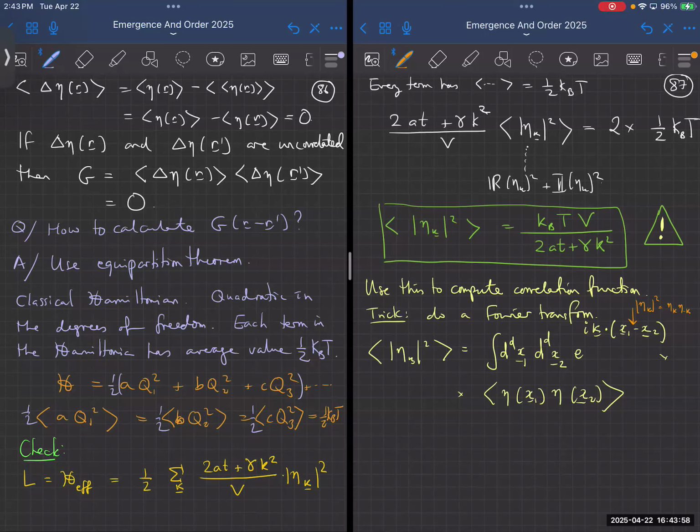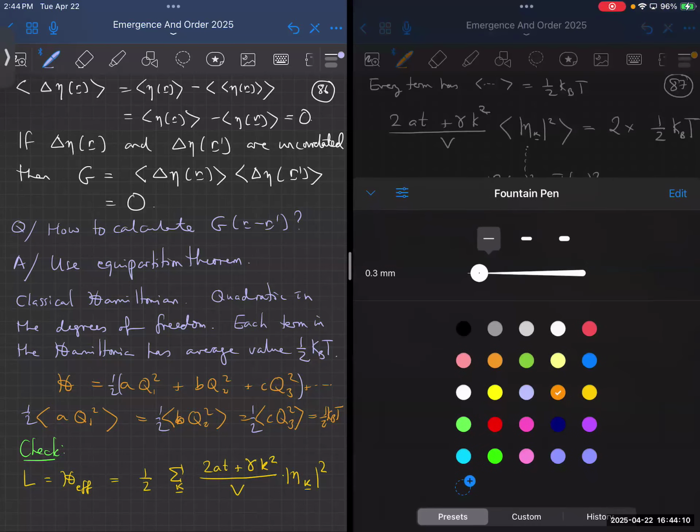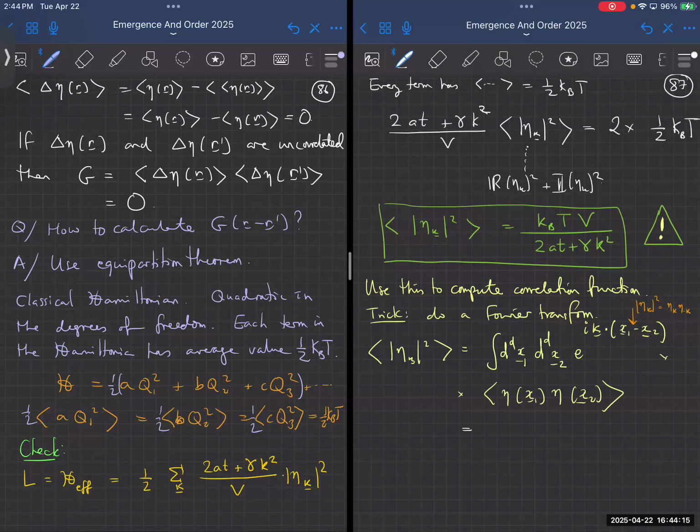Now this thing over here, I claim, is equal to v times g hat of k, where the integral d^d x1 d^d x2 e to the i k dot (x1 minus x2) g of (x1 minus x2) is equal to this.